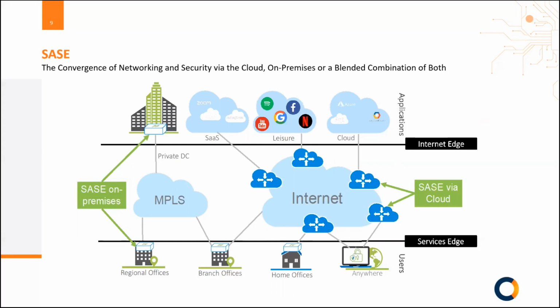Whether you have the implementation on-premise relying on MPLS connectivity or internet connectivity, or you have the SASE in the cloud, we have our POPs and gateways in many locations in the region. We're going to look into that deeper.